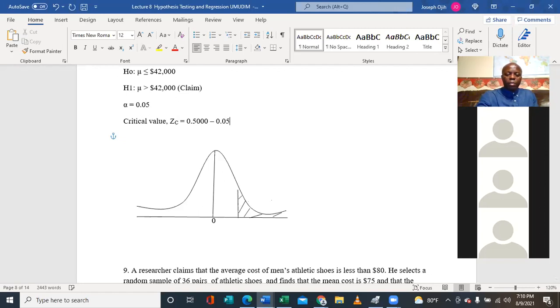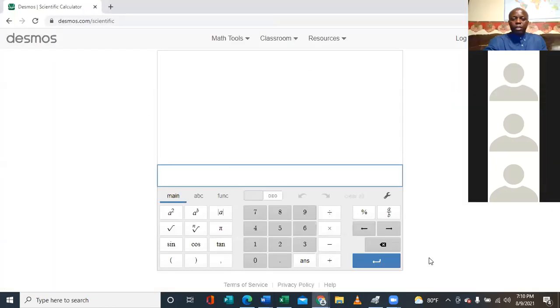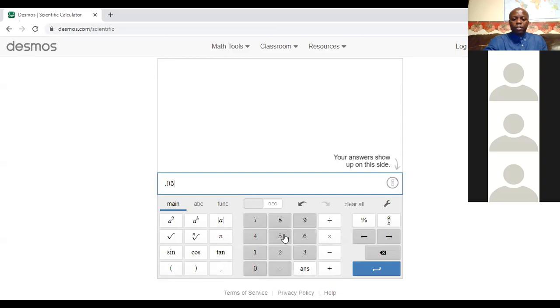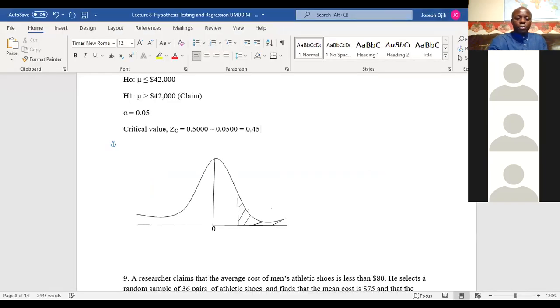Of course, we have to do this because of the table of normal distribution. So from the calculator, 0.5 minus 0.05 gives 0.4500. When you look at the table of normal distribution for 0.4500, you choose a value that is closest to this.